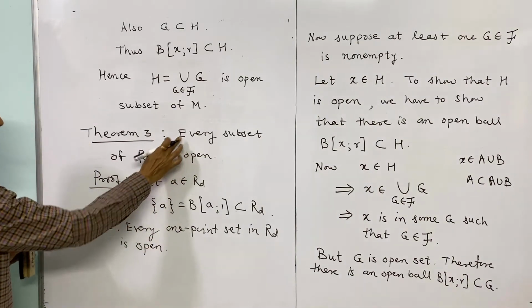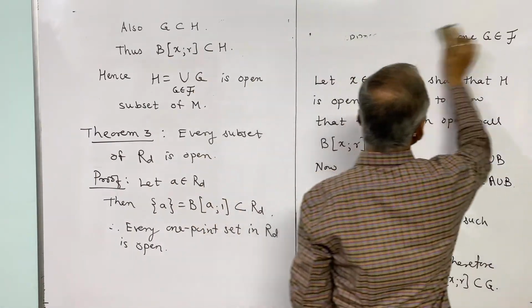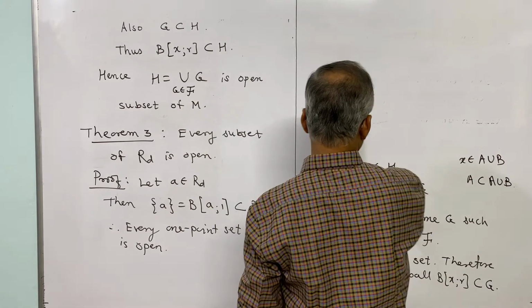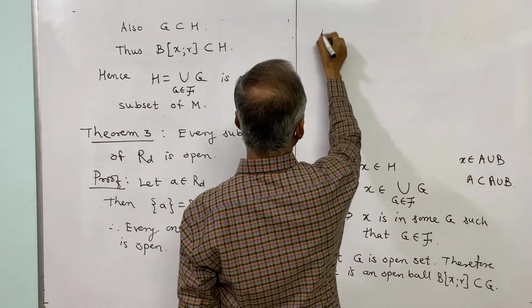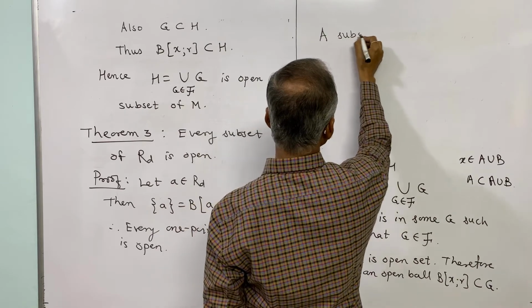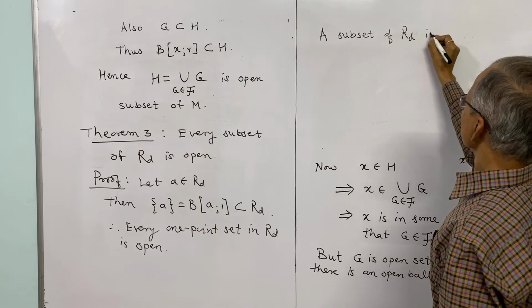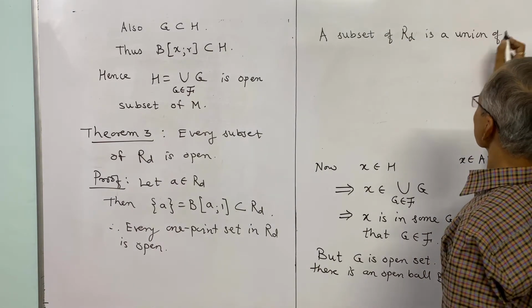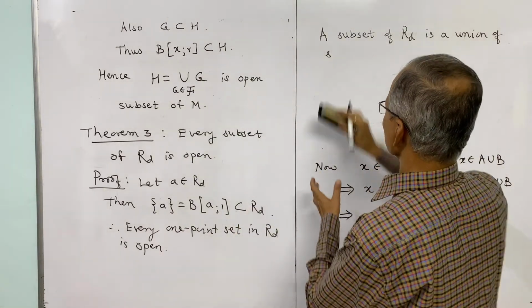And now a subset of R^d is a union of singleton sets, that is, a union of one point sets.